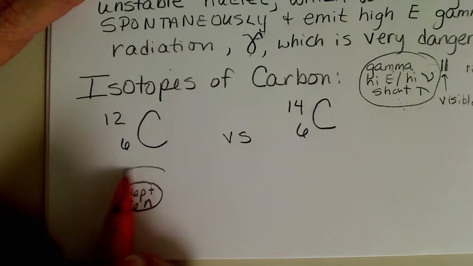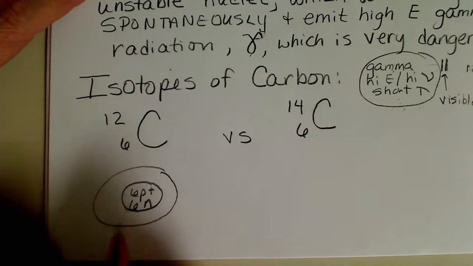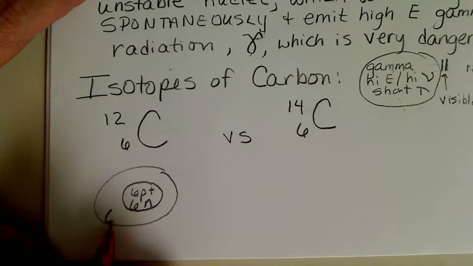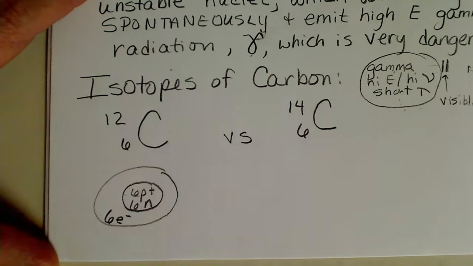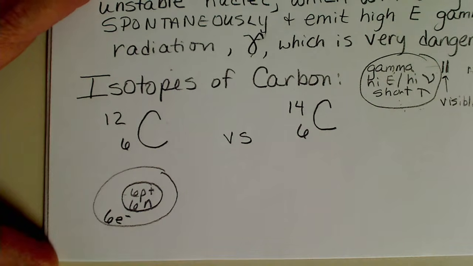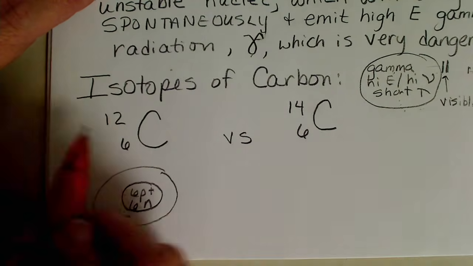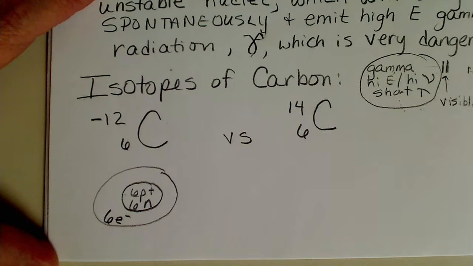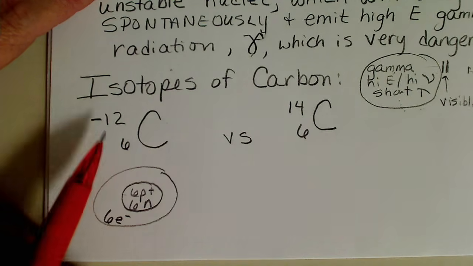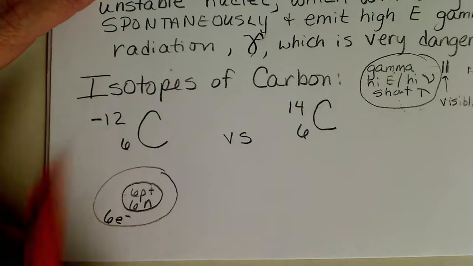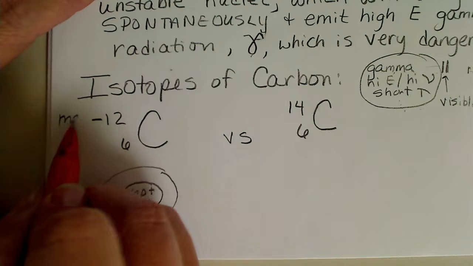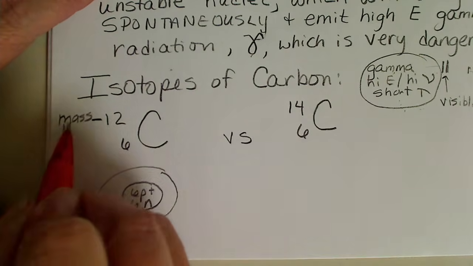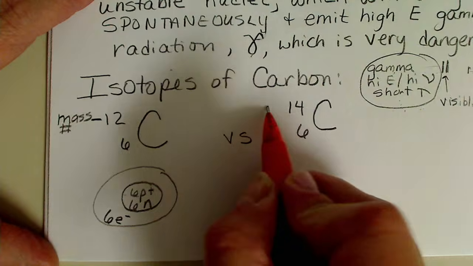And if we're talking about the entire atom, this is a rough drawing, but 6 electrons would be orbiting that nucleus. The top number, if we're talking about a specific isotope, has to be part of the symbol. We call that the mass number.